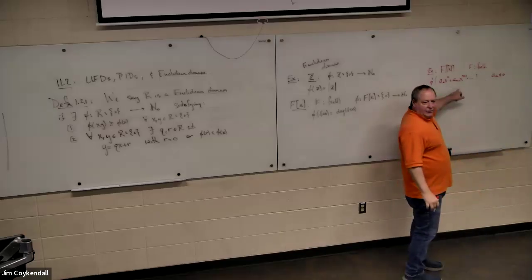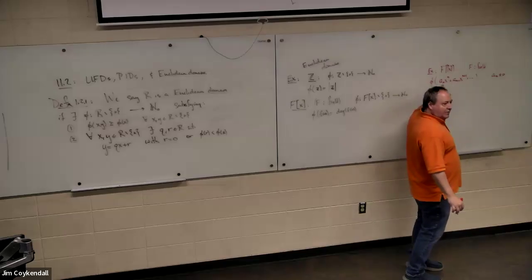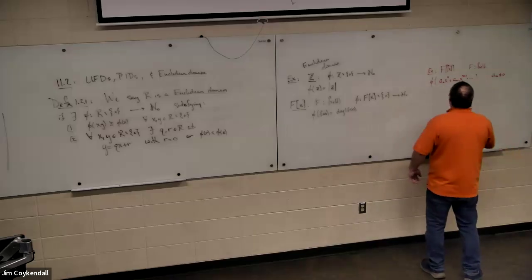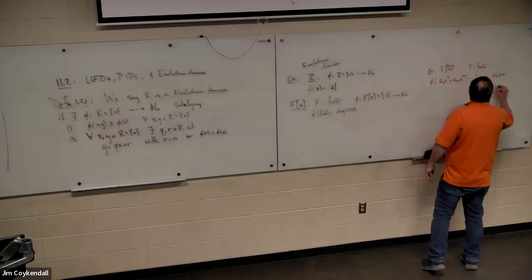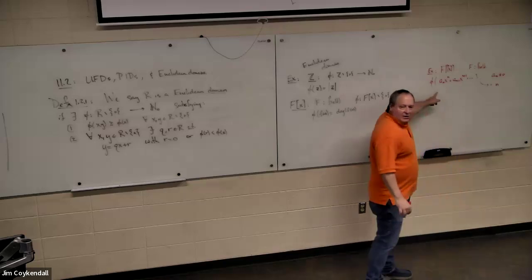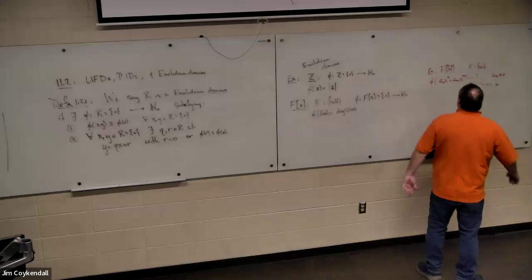If this power series is not the zero power series, it has to have a smallest coefficient that's not zero. This is sort of the opposite of degree. In a polynomial it's the biggest coefficient. This one's the smallest one. This is a Euclidean domain, and the way you measure size is the degree of the smallest term.